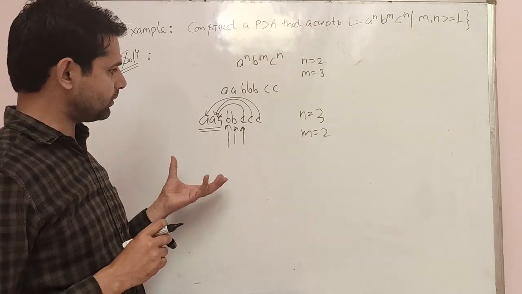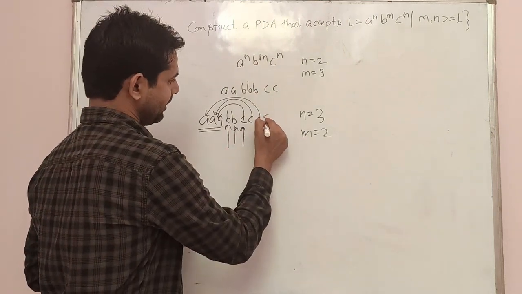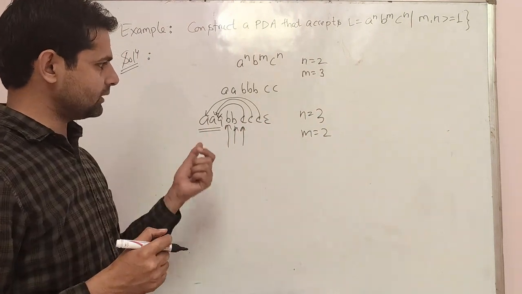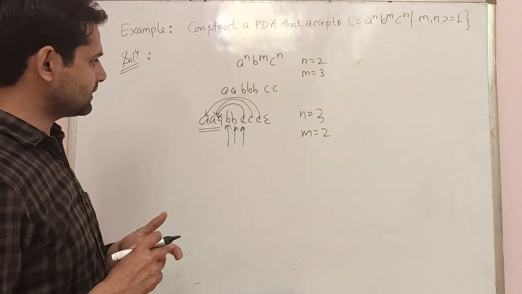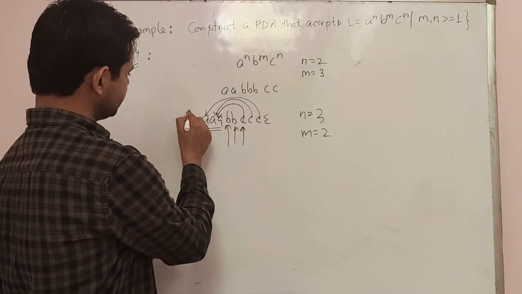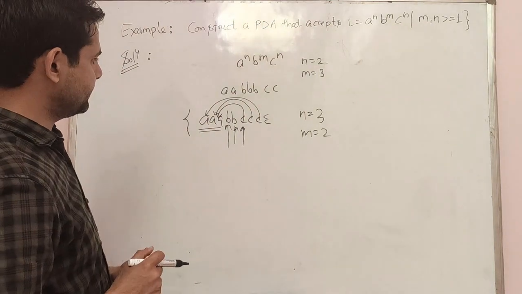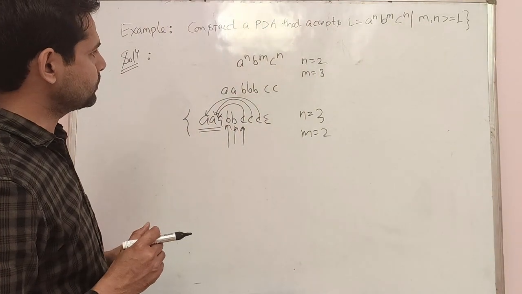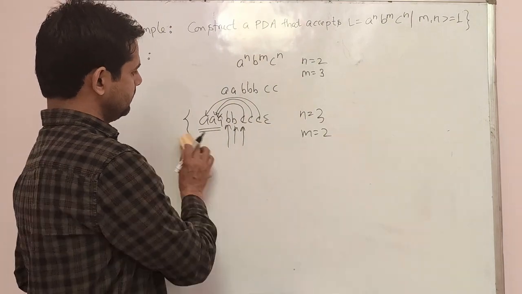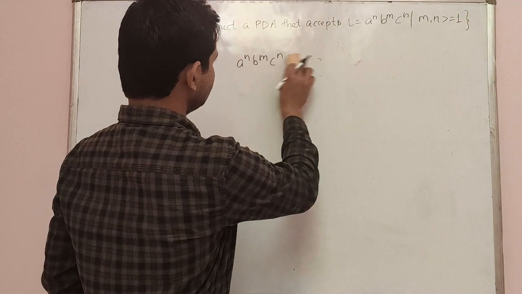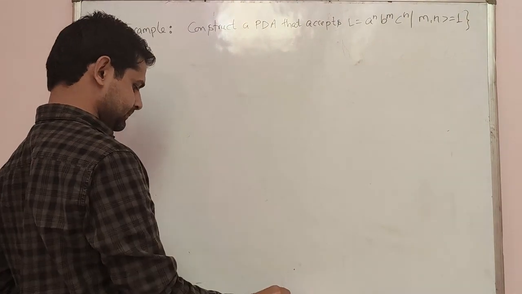So by using that concept, if we don't have any input symbol left in the string and we are getting Z0, the initial pushdown symbol, then we can say that the given language is accepted by the PDA. So that will be the logic for solving this pushdown automata problem. Now we will discuss the transition function for this problem.